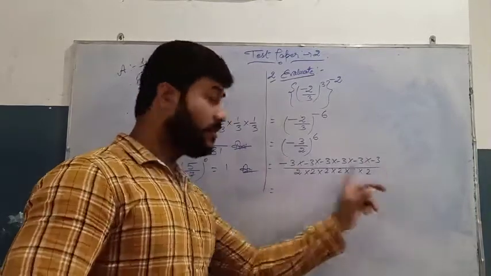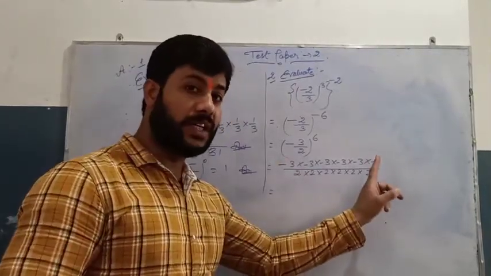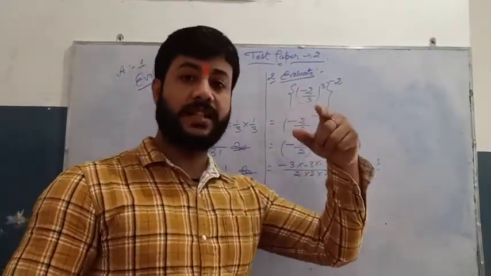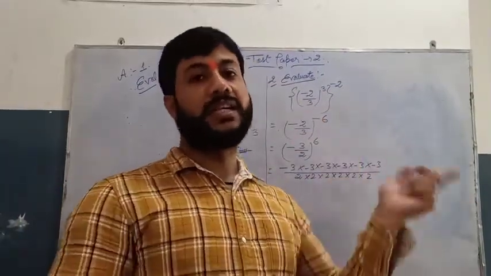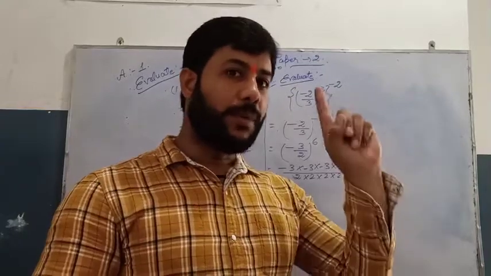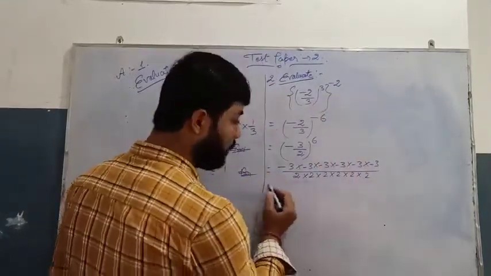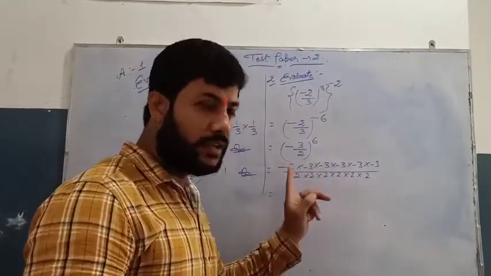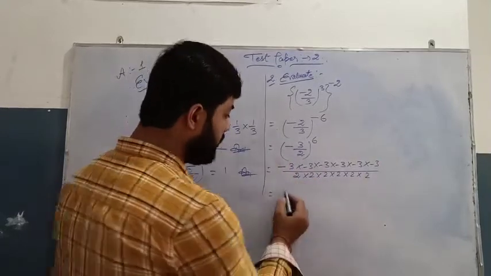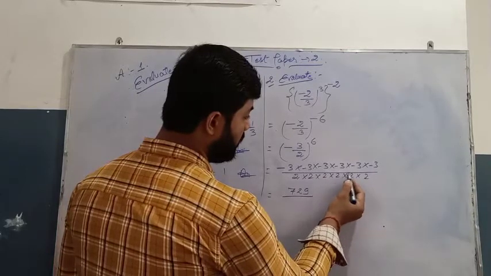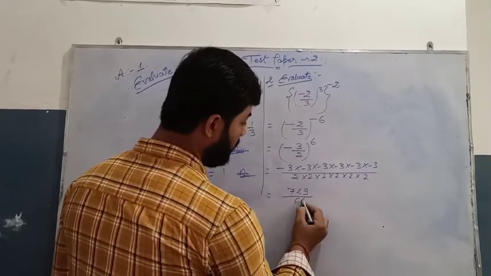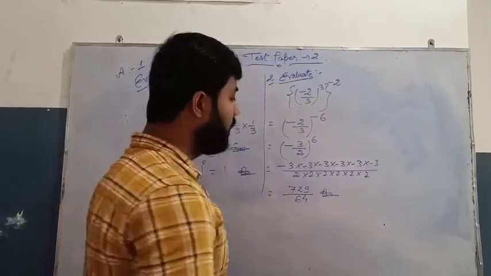And a negative integer multiplied 6 times, 6 is an even number, so an even number of times a negative integer multiplied will give you a positive integer. So the plus sign will be here, no need to write the sign, and the result is 729. And here 2, 4, 8, 16, 32, 64 will be your answer.